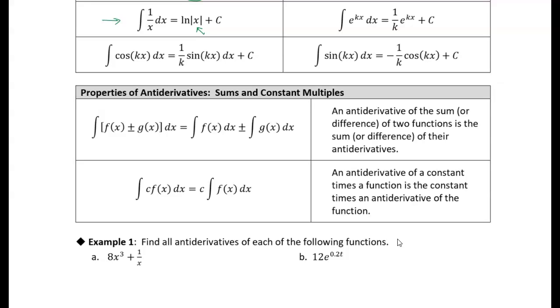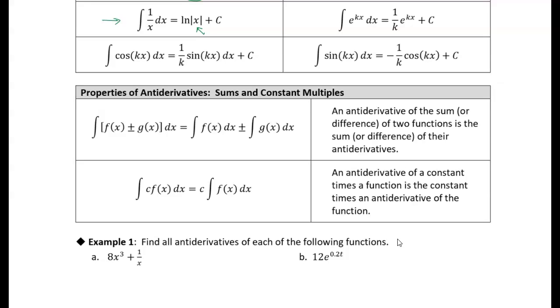Or the antiderivative of the difference of two functions is the difference of the antiderivatives. Okay, and again, that just follows straight from the derivative rules that you already know, as well as this other one where we have a constant times the function. So the antiderivative of a constant times the function is the constant times the antiderivative of the function. And it kind of makes sense just based on what you know about the derivative rules.